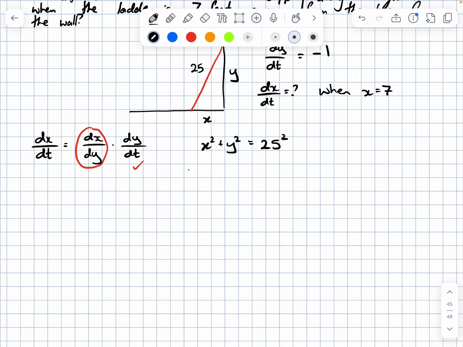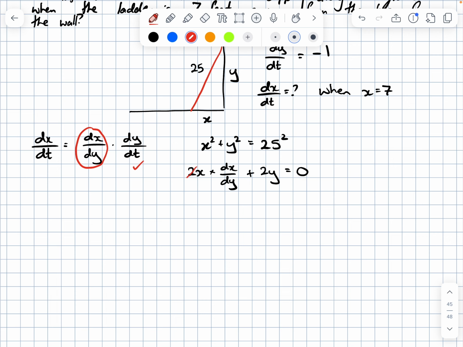use implicit differentiation. Now, to use implicit differentiation on this one, because we are actually going to be differentiating in terms of y to get dx/dy, anything with an x will need to be multiplied by dx/dy. So x squared will differentiate to 2x times dx/dy, y squared will differentiate to 2y, and 25 squared will differentiate to 0.